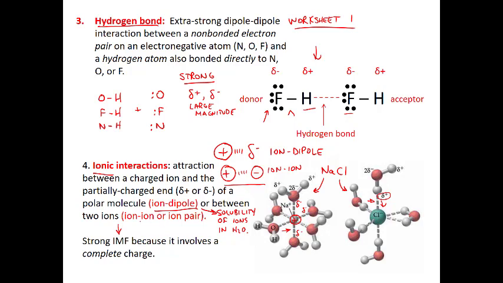So this is what we would call an ion-ion or an ion pair interaction. There's a special type of ion pair interaction that we'll talk about in proteins called a salt bridge, and I'll define that one later on, but that's a special case of ion pair. So you can think of this as almost like an ionic bond if you believe in the term ionic bond. Chemists don't really like that term. But ionic interactions are quite strong, and they're important in biomolecules.